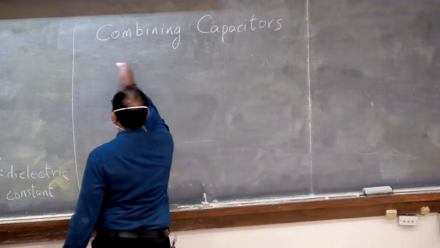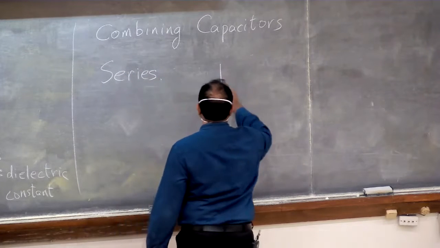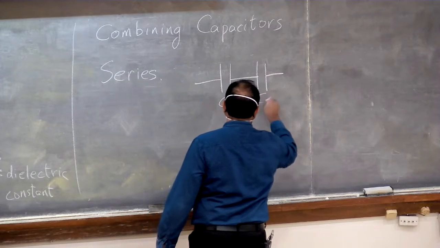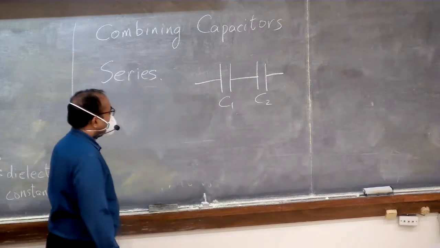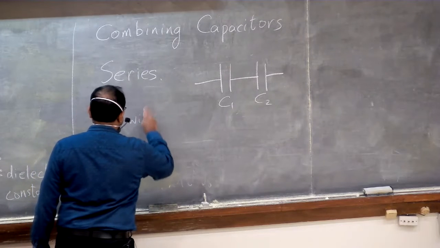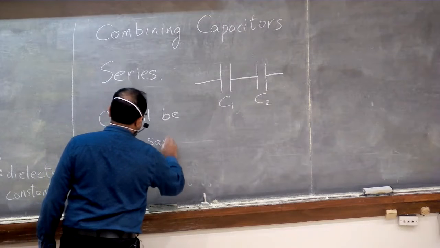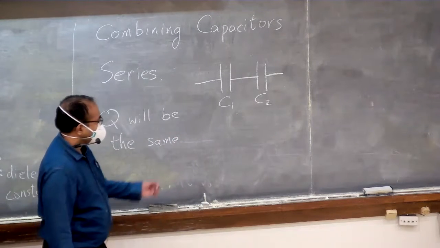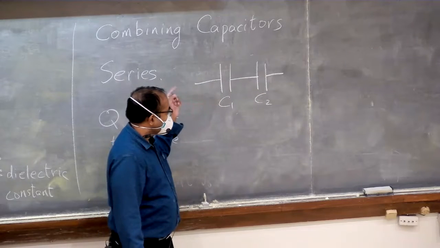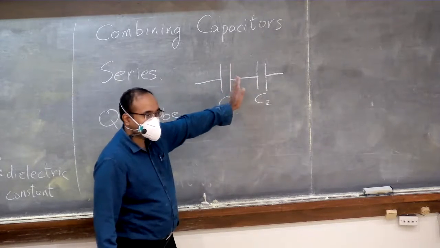Right, so series. You have two capacitors in series, C1 and C2. The important thing to know here is that Q will be the same. That makes sense because there's only one wire connecting them: whatever charge flows in gets plus Q over here, you get minus Q over here.